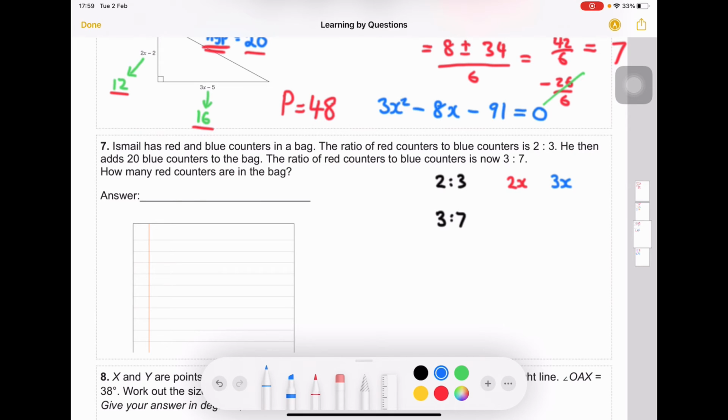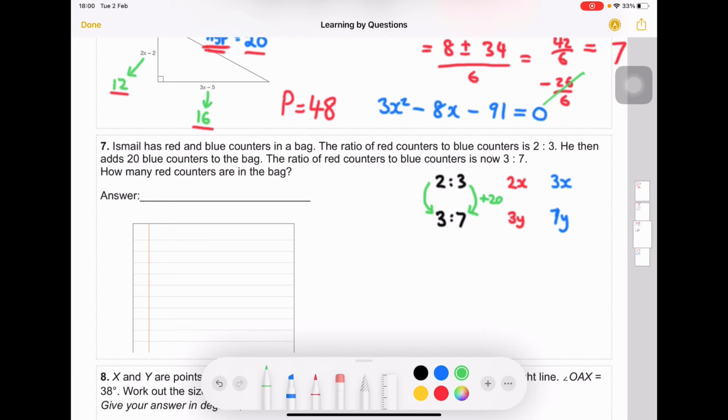Now the value of each part changes, so I'm going to use a letter. We have 3 parts now, and we have 7 parts. What is happening from here to here? We are adding 20 blue counters.